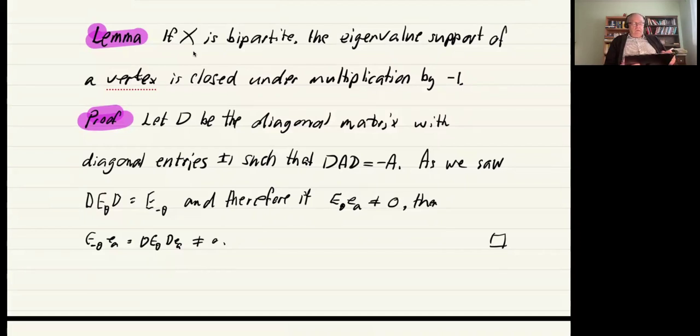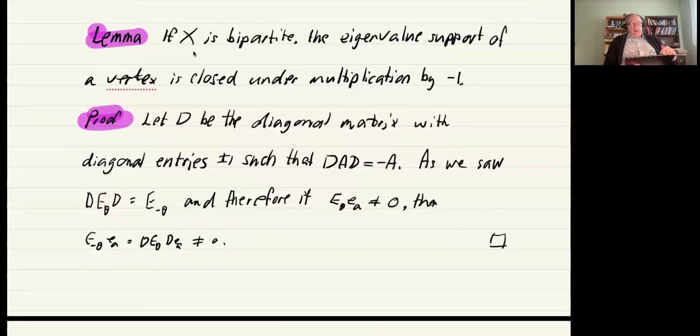And the machinery is we take the diagonal matrix D with diagonal entries 1s and -1 such that DAD is equal to -A. I used this when I proved the fact that the spectrum of a bipartite graph is closed under multiplication by -1, so you've seen that before. In that context, we also saw that D maps A to -A, and it maps the idempotent E theta corresponding to eigenvalue theta to the idempotent corresponding to eigenvalue minus theta.